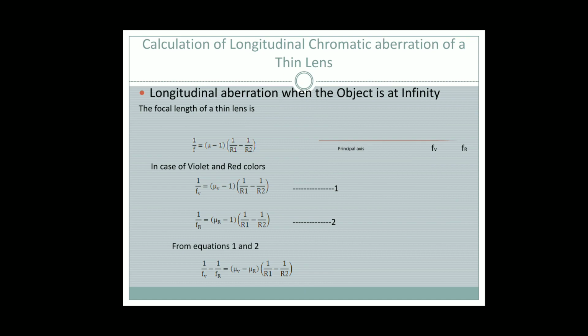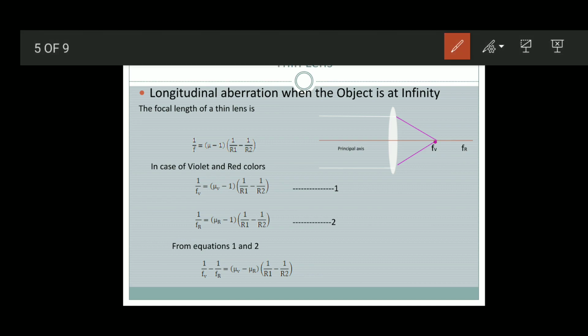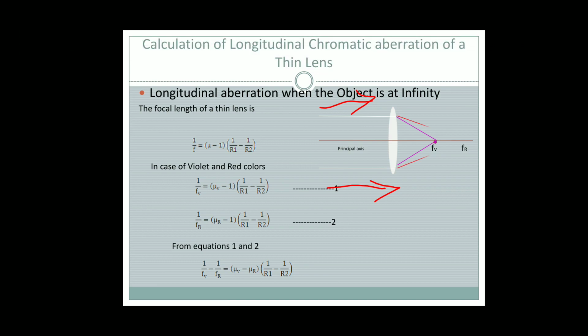In this diagram, that is the principal axis, that is the convex lens. If the object is at infinity, the rays coming from the object are parallel rays. These rays pass through the convex lens and are scattered into different colors because it is multicolored light.